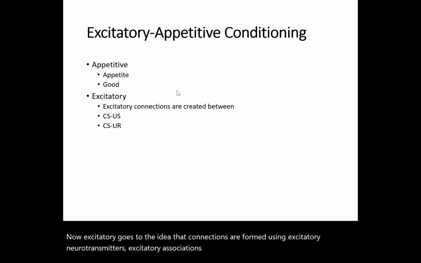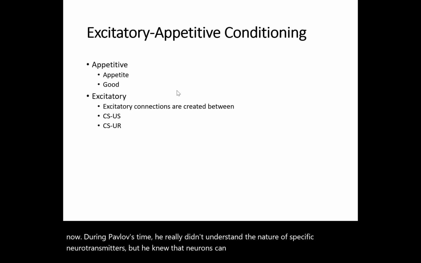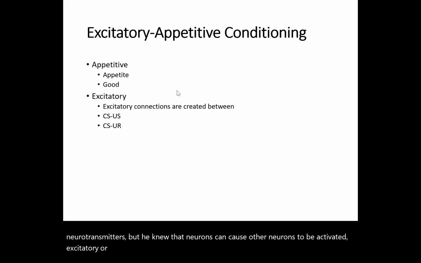This is why we had to talk about this before. Now, during Pavlov's time, he really didn't understand the nature of specific neurotransmitters, but he knew that neurons can cause other neurons to be activated, excitatory, or neurons can cause other neurons to decrease in their action potentials, in their firing. That's inhibitory. Excitatory, inhibitory.